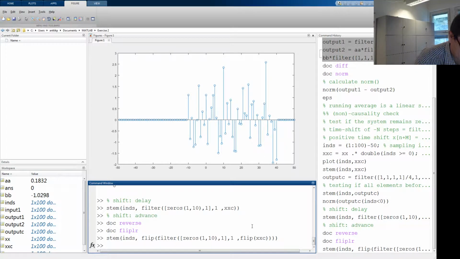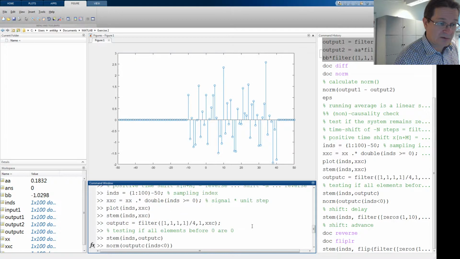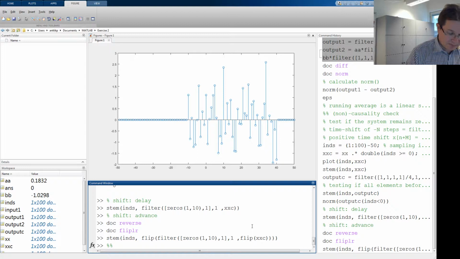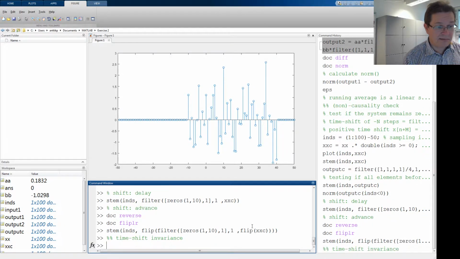Okay, so those are the shifts, and that was that example. Then time shift invariance means that the system should produce the same output for delayed and non-delayed system.